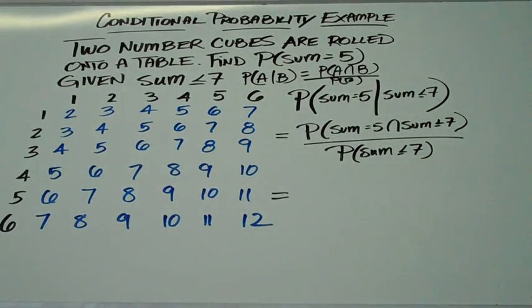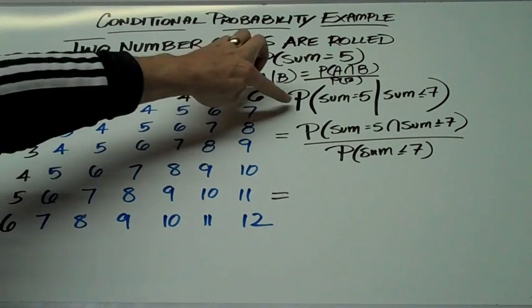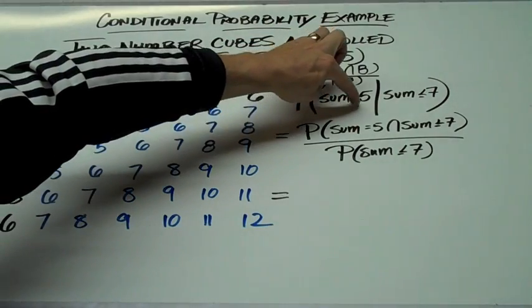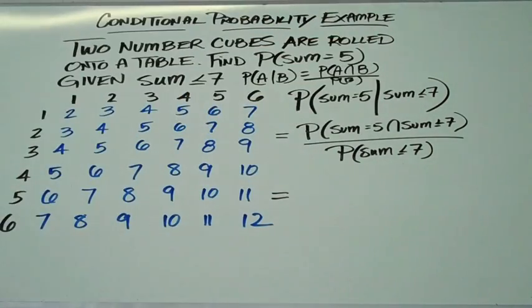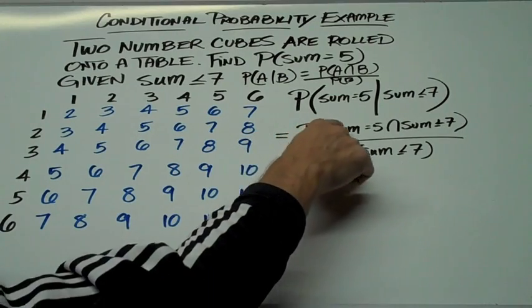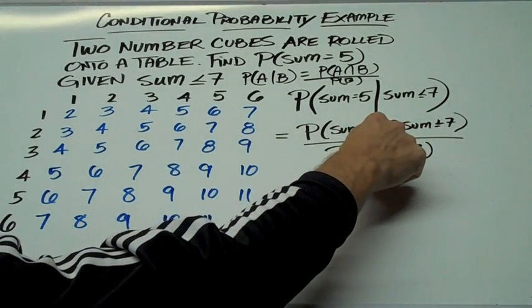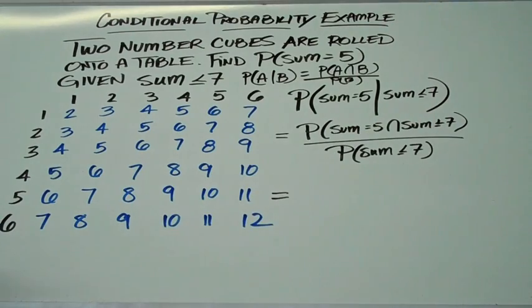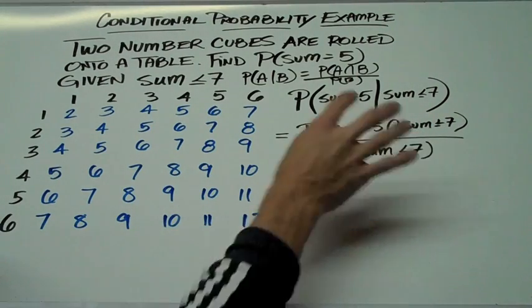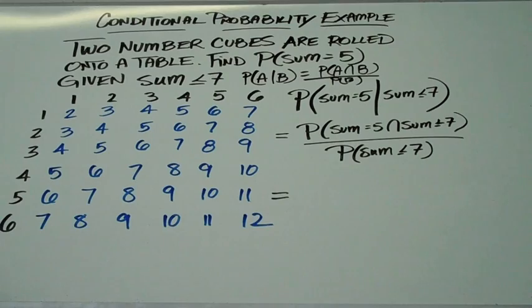If we want to know the probability the sum is equal to 5, given that the sum is less than or equal to 7, we can write it like this. Probability of sum is equal to 5, given that the sum is less than or equal to 7, which translates into the probability the sum is equal to 5 and the sum is less than or equal to 7, divided by the probability the sum is less than or equal to 7.